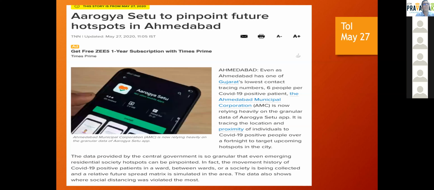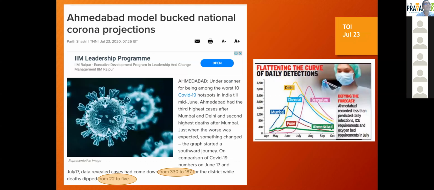So on May 27th, we got Arogya Setu to pinpoint future hotspots in Ahmedabad, and May 27th is where they started putting many of these things into place. Times of India reported this on May 27th.